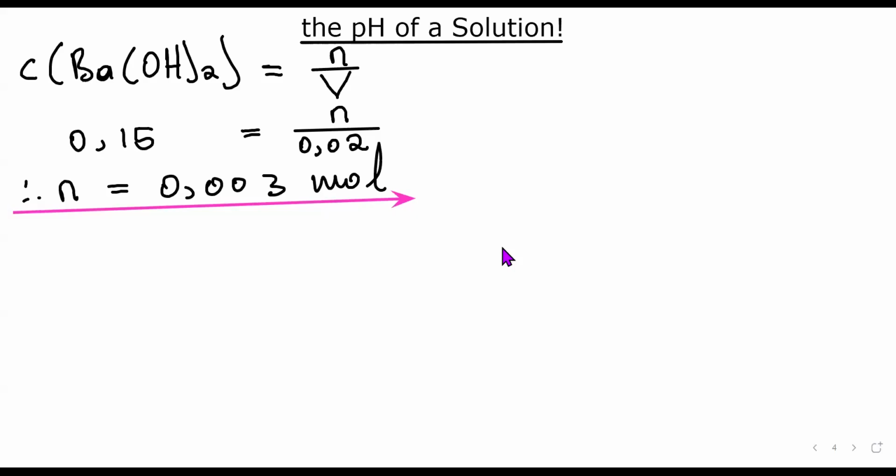We just need to relate these number of moles of barium hydroxide to those of the nitric acid. But we are doing this in step 2 because step 2 is the one that tells us the moles that are in excess.